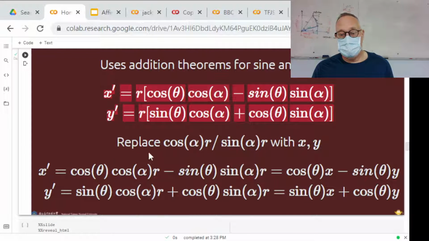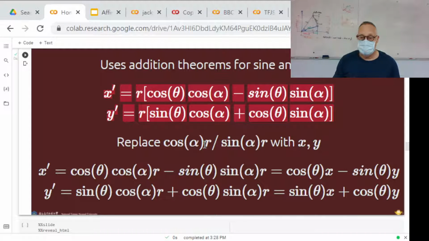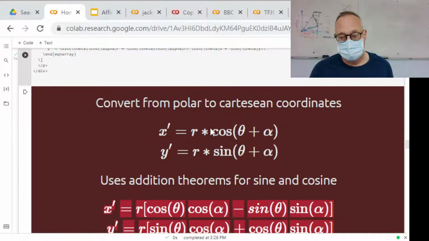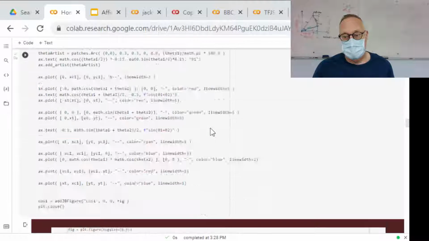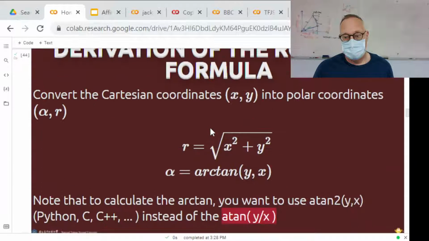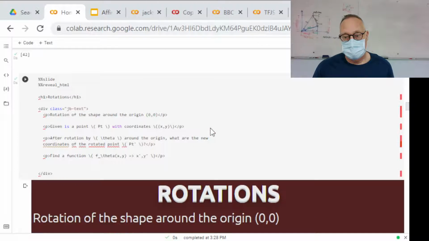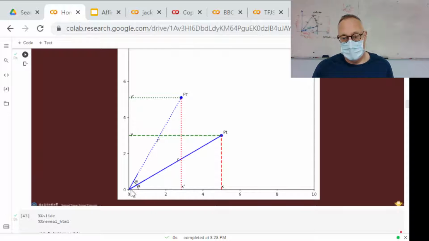And then I can replace cosine alpha multiplied by r. What is cosine alpha multiplied by r? Well, if we look at the original figure, cos alpha multiplied by r is the original x, and sine alpha multiplied by r is the original y.